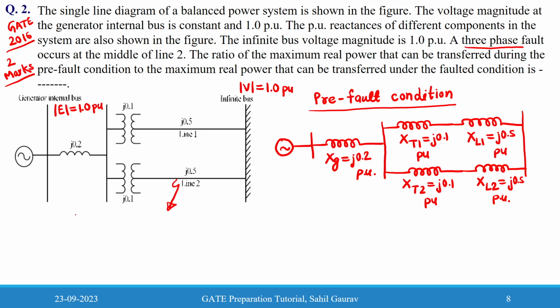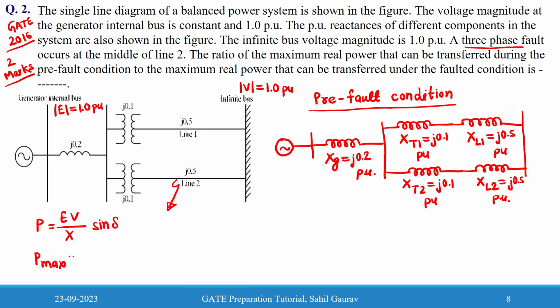So you have to find the maximum value. We know that the active power flowing between the buses is given by EV divided by X sine delta, where X is the reactance between the buses. So how can you write P maximum?